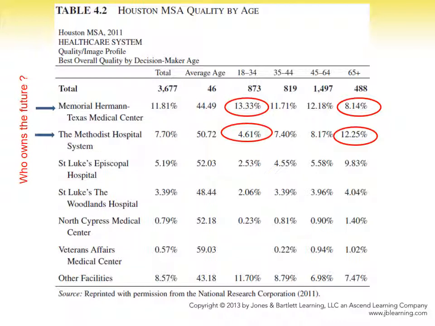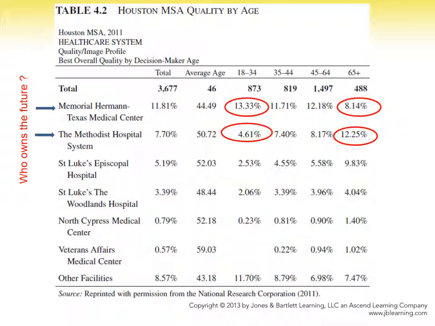But let's push out and see why that occurred. Methodist wasn't always in second place. If you look out to the 65 and plus, Methodist at one point in time was the hospital of choice. And their population has aged out. Whereas you see, Memorial Hermann was not the hospital of choice.